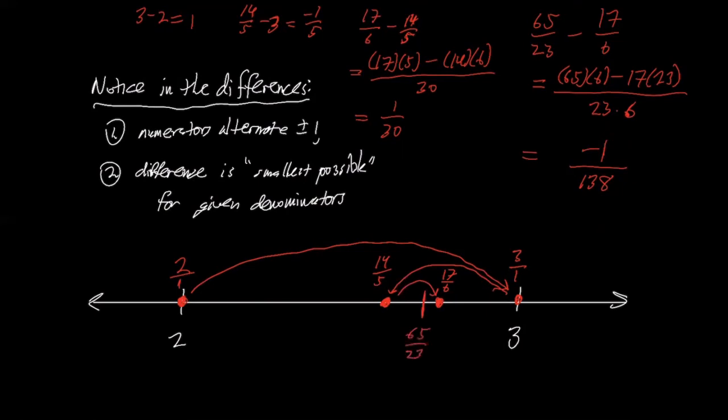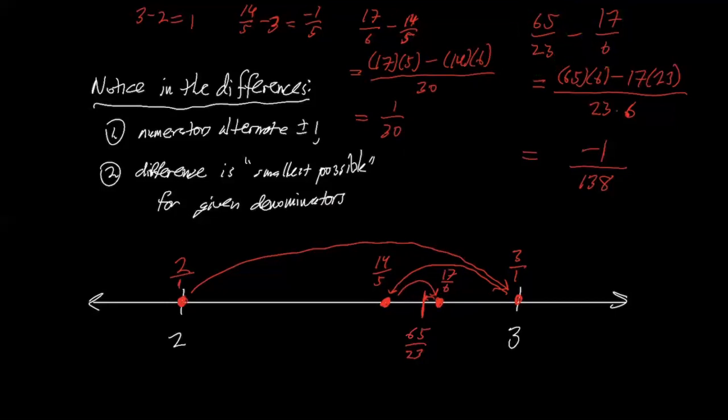So already we know 65/23 is between 2.8 and 2.83 repeating. We know there's this interesting bouncing back and forth pattern. 65/23 is to the left of 17/6 because of the difference being negative here. 65/23 is less than 17/6.